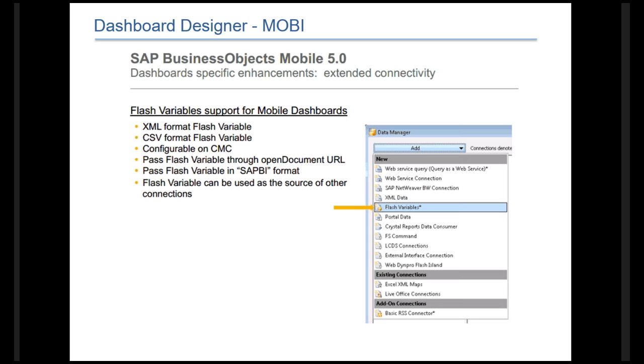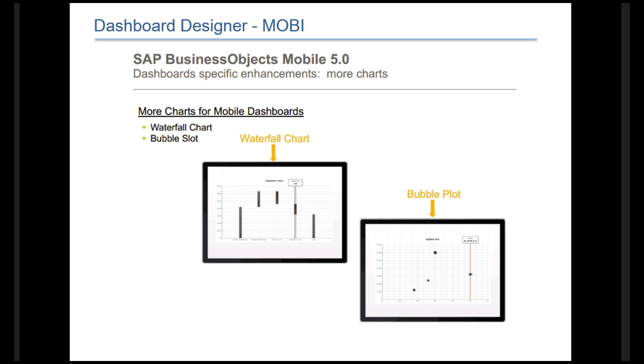And then finally, there's also a number of different flash variables that are being incorporated. Essentially, these are being written as HTML5 for publishing to your device, but they're being interpreted through flash variables. They're configurable in the CMC. You can import XMLs or CSVs, a number of different variables as well.